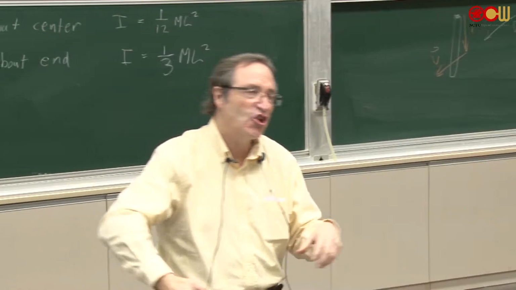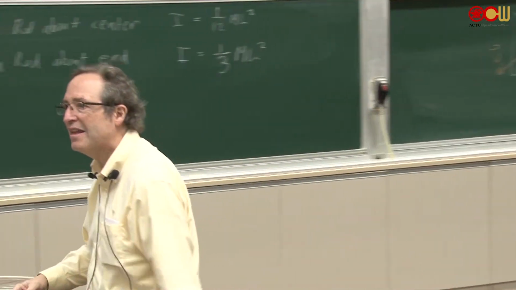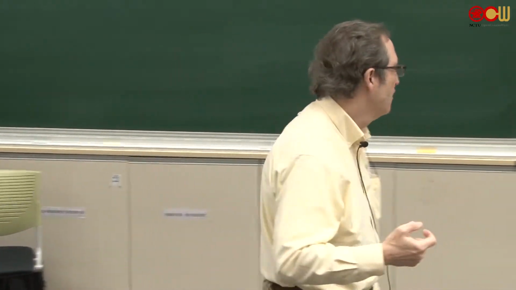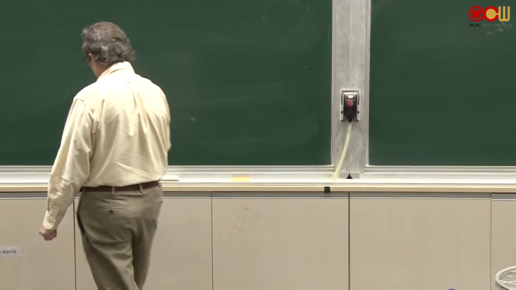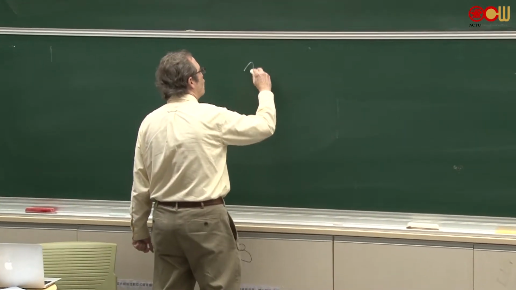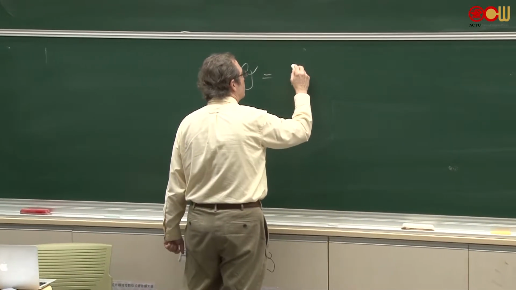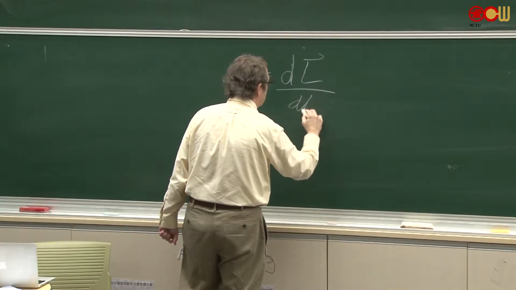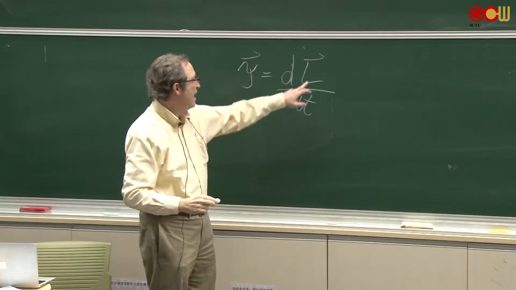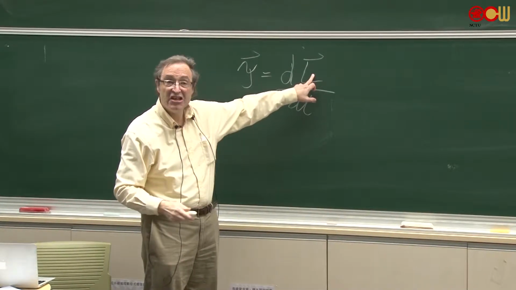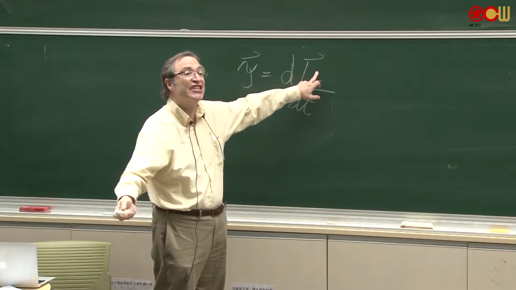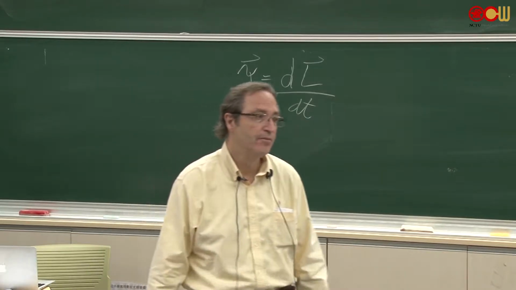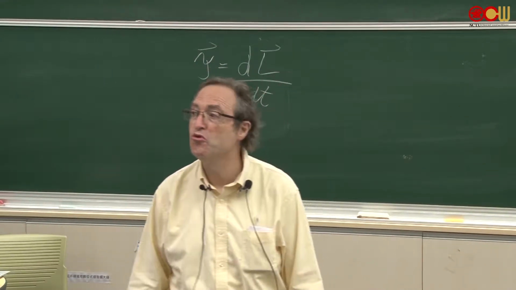So in order to turn the suitcase, you had to exert a torque. Because we know, this is what we learned last time, that the torque is equal to dL/dt. And L is a vector, so turning the suitcase means you're changing the direction of L. The torque needed to do it was too much.